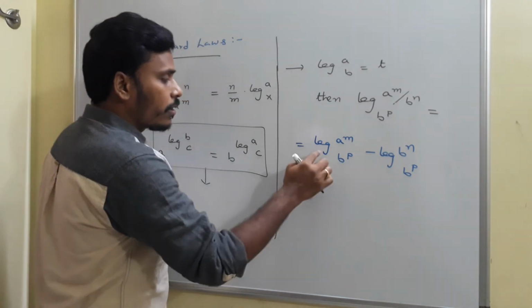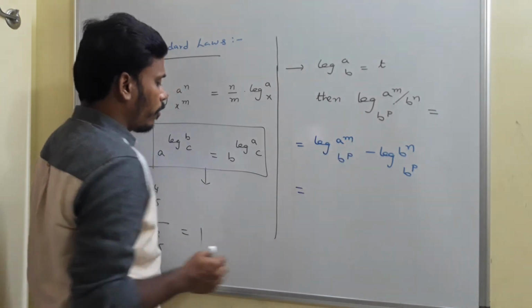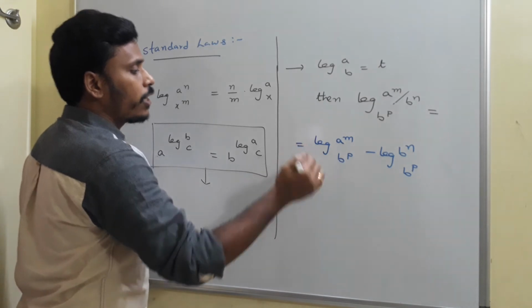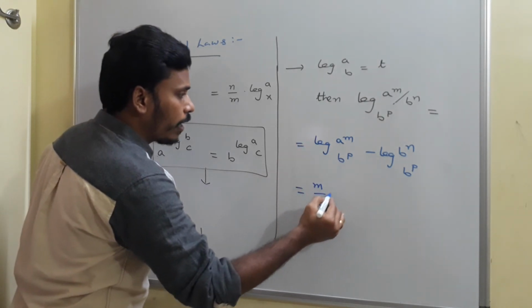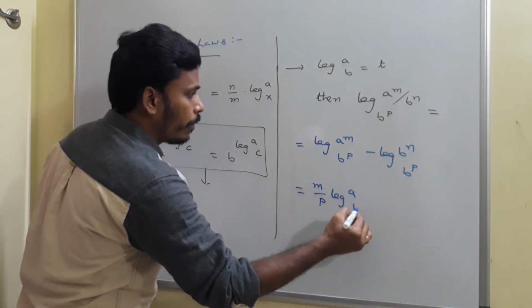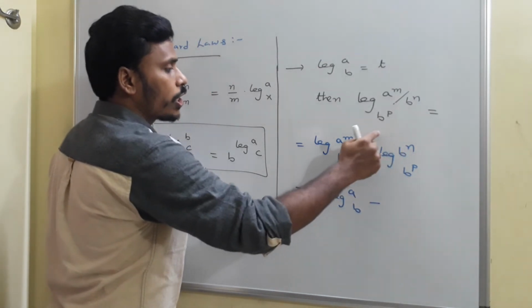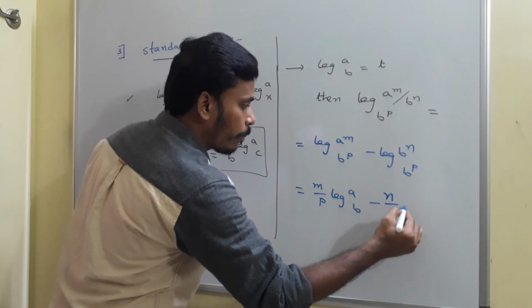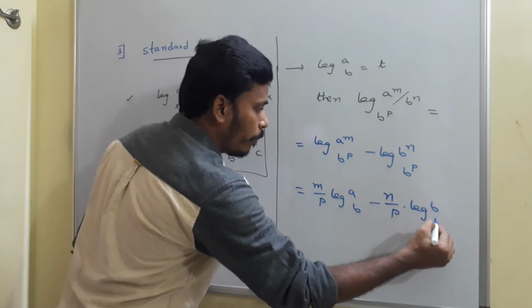And the next step, this is logarithm of a power m base b power p. Then by this law of logarithm, you just write this m in the numerator, p in the denominator. It becomes m by p logarithm of a base b, minus, here again you write this n in the numerator and this p in the denominator. It becomes n by p logarithm of b base b.